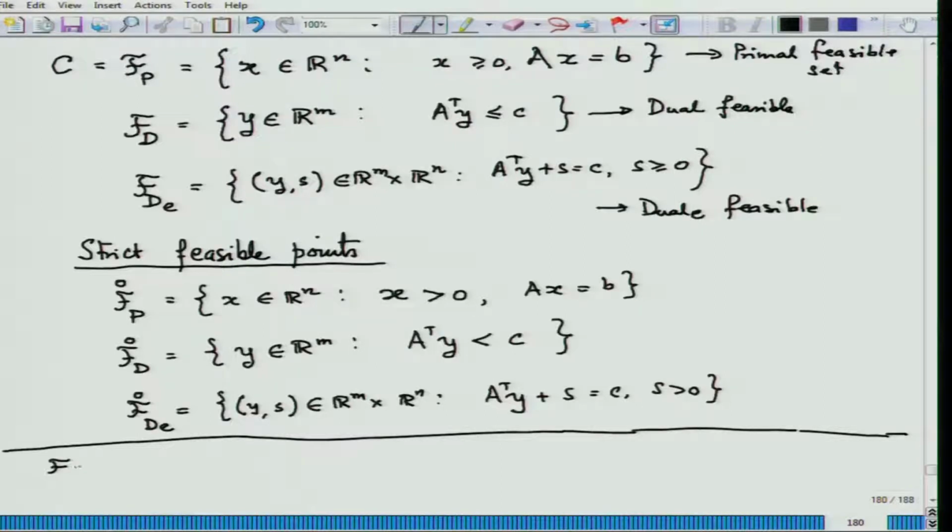So, some authors would prefer to have a combined primal dual feasible set, that is they would like to write this as, and of course, there is a stricter counterpart.